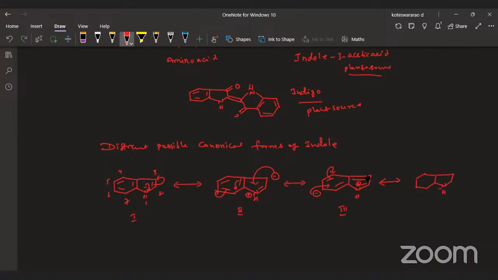The positive charge is here. Carbon, carbon, carbon-nitrogen double bond, carbon-carbon double bond. The negative charge is here.